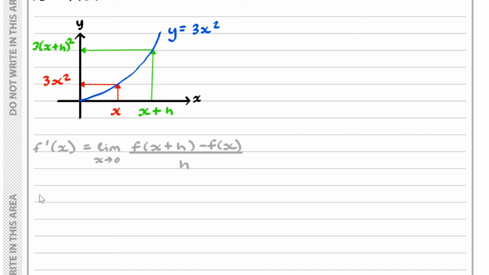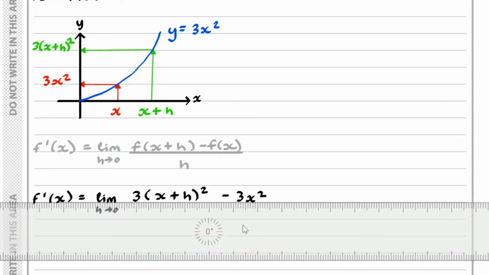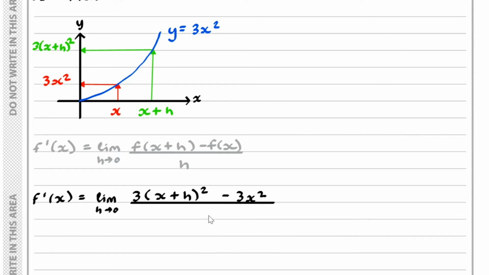And so f dash of x will equal the limit as h tends towards 0 of, well, f of x plus h, that's 3 lots of x plus h squared. We then subtract f of x, which is 3x squared, and then we will divide this by h.